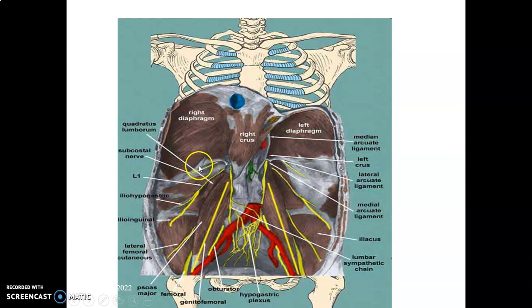Look at the subcostal just below the ribs, below the diaphragm there. The one directly anterior to the psoas major is your genitofemoral nerve. Medial to psoas major is your obturator nerve, and lateral to psoas major it should be your femoral nerve, and this is the lateral cutaneous nerve of thigh.